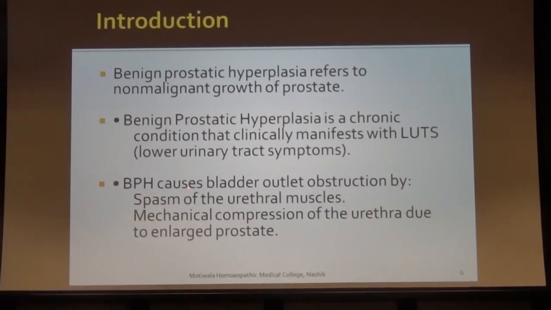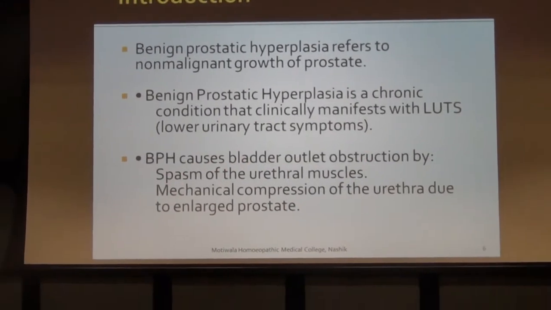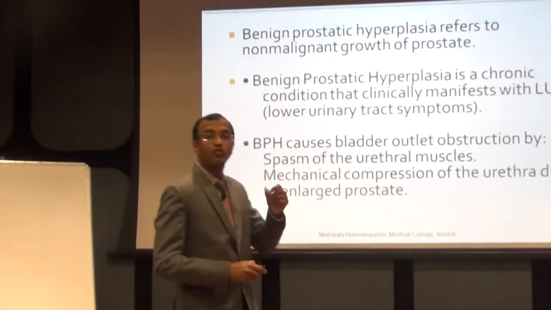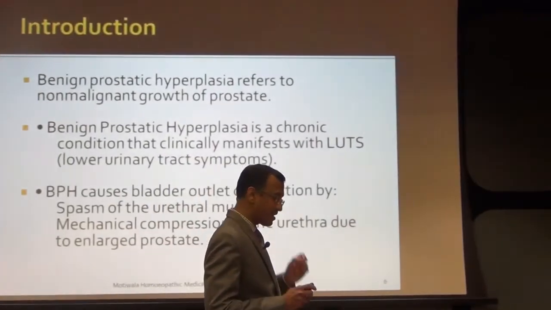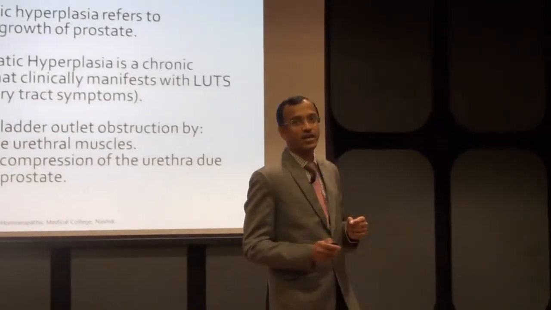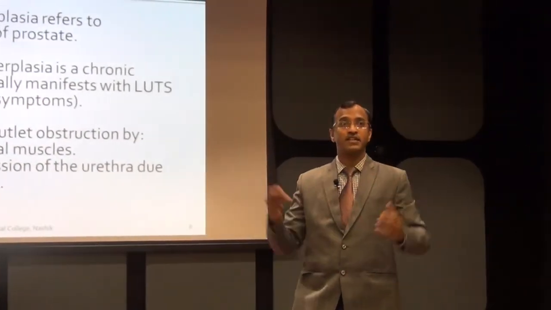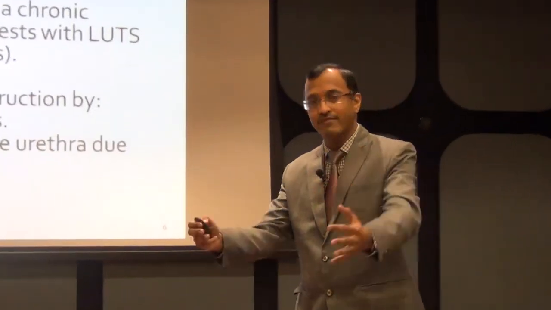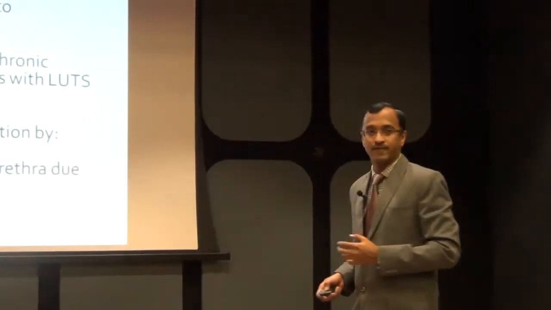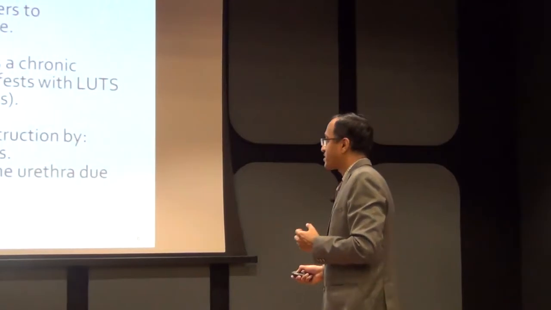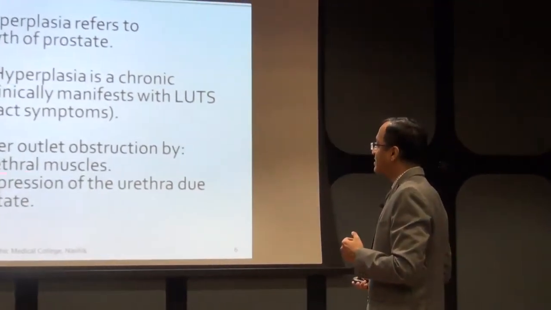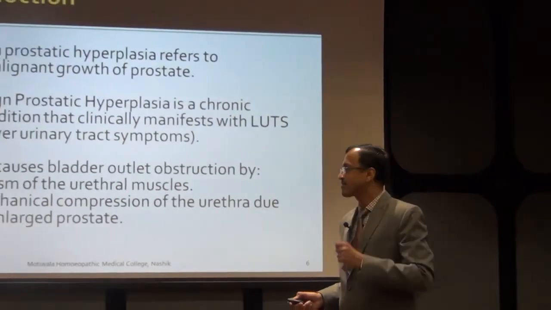Now, benign prostatic hypertrophy usually causes bladder outlet obstruction. That is the key thing through which the symptoms are produced. The patient has a problem because of this outlet obstruction. This outlet obstruction can occur when there is a spasm of the urethral muscles.